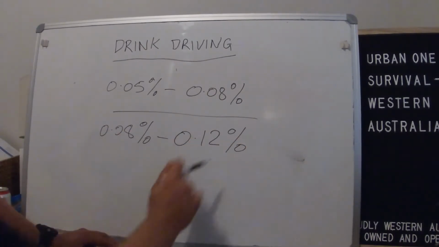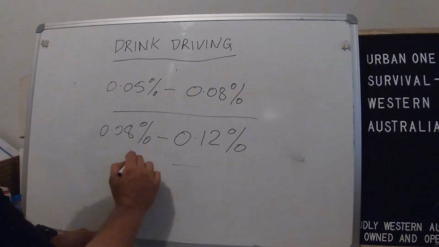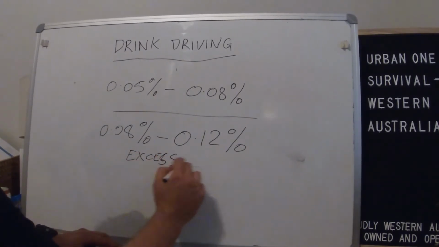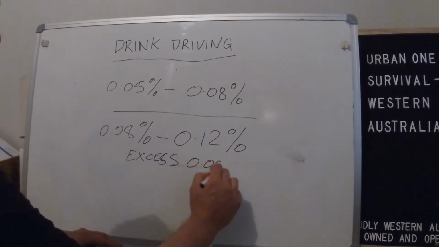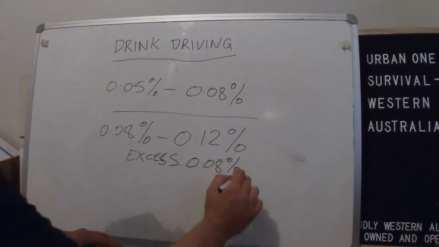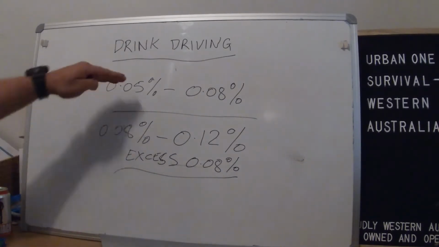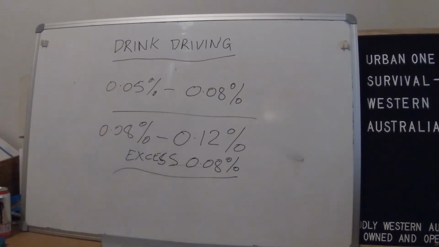That charge is called excess 0.08. That is what the term is. If you are over 0.08 with your alcohol level, then you are charged with excess 0.08. Doesn't matter if you've attempted to drive, or you're caught driving, or you're stopped driving.